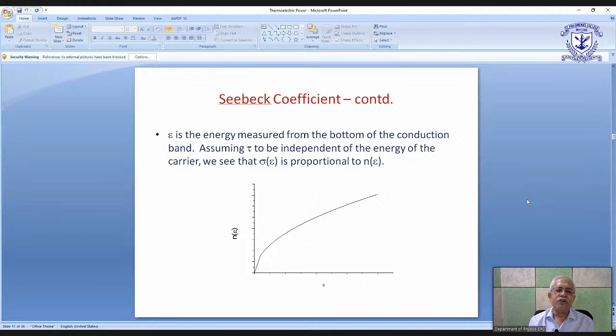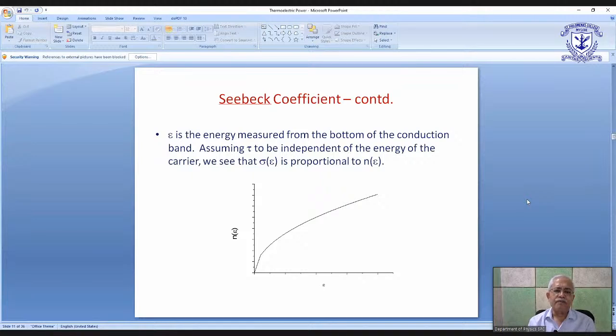It shows the predicted variation of carrier density n of epsilon per unit volume as a function of energy epsilon. This epsilon may not be visible on the x-axis. What is plotted on the x-axis is the energy.